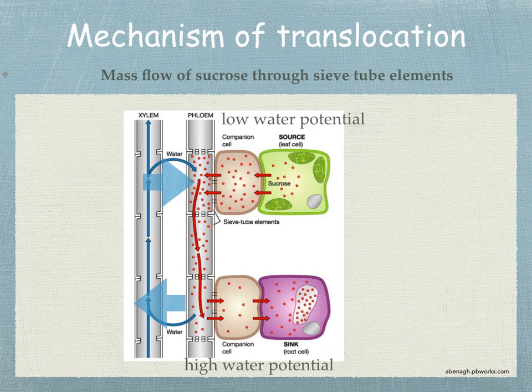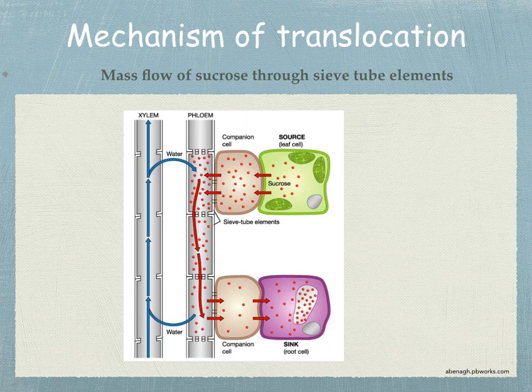So at the source, there's a low water potential. At the sink, there's a high water potential. So at the sink, at the bottom there, water moves from the sieve tube element into the sink cells, and it also goes into the xylem vessels down its concentration gradient.